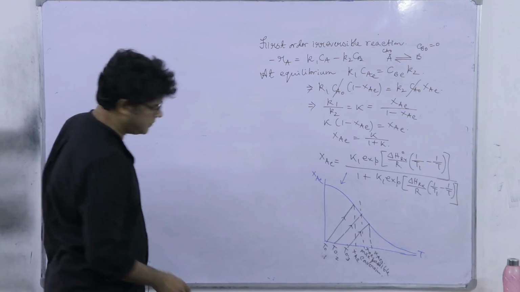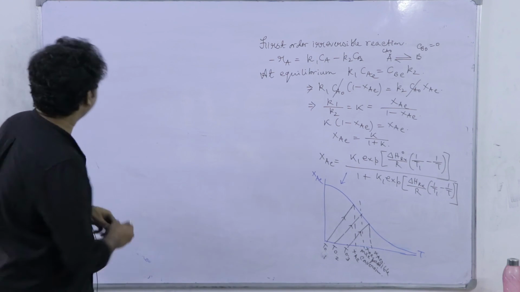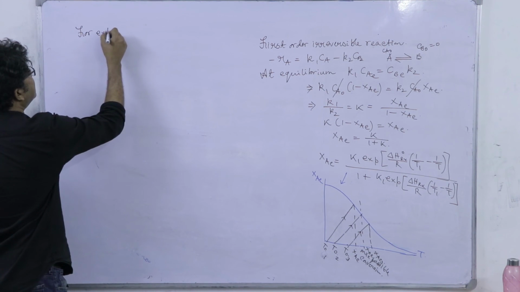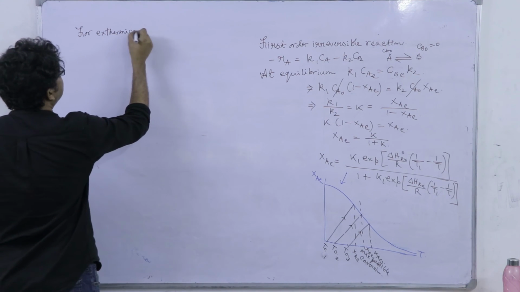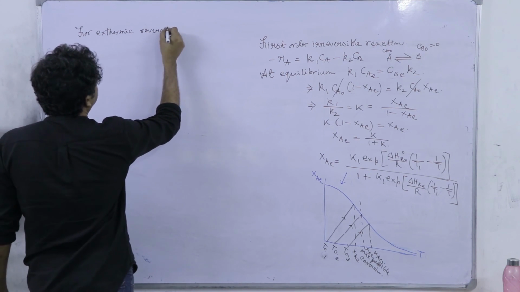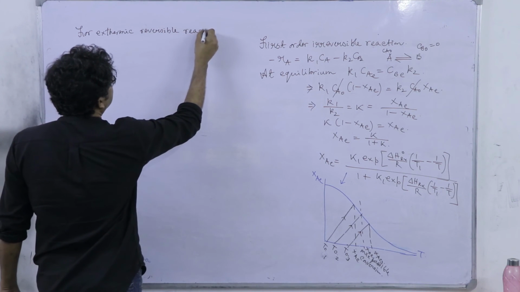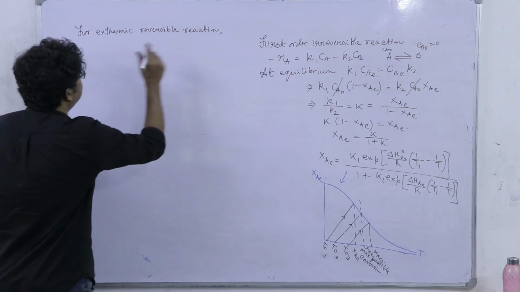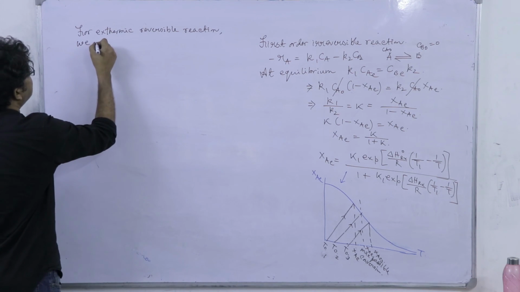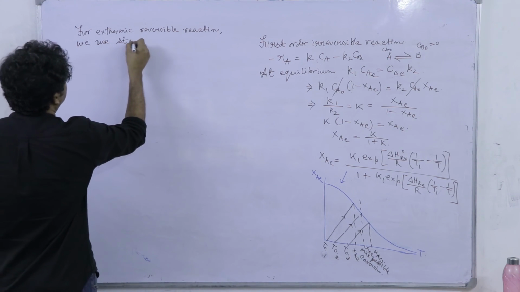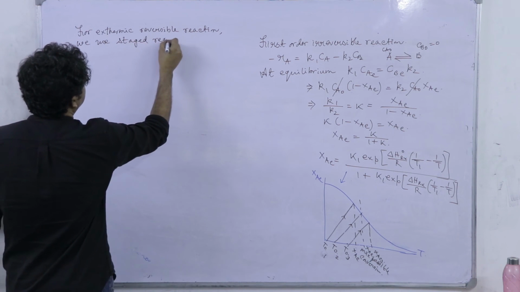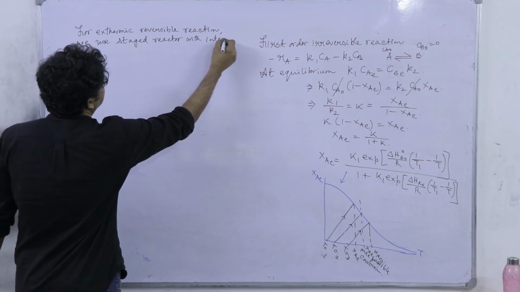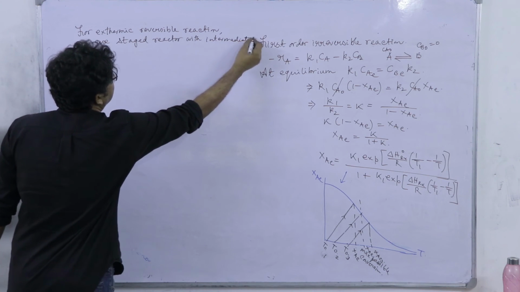For an exothermic reversible reaction, we use a staged reactor with intermediate heaters.